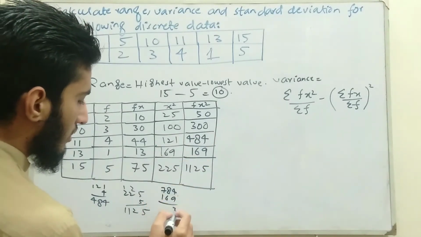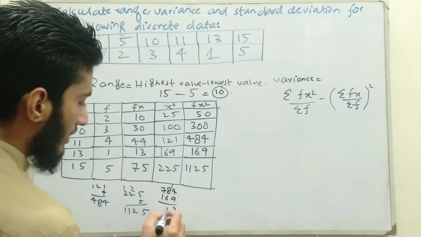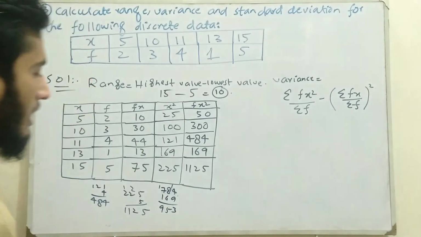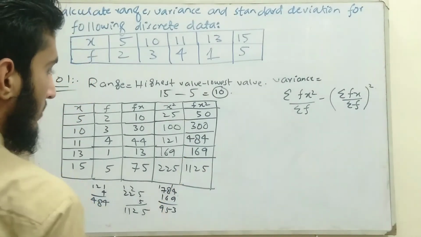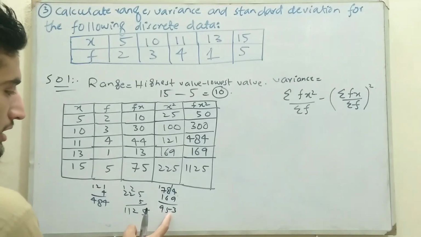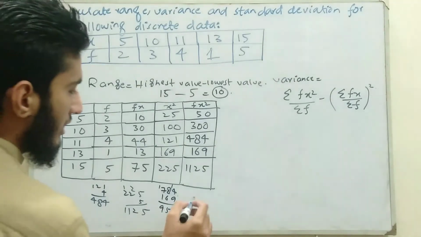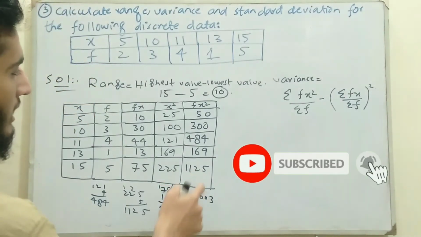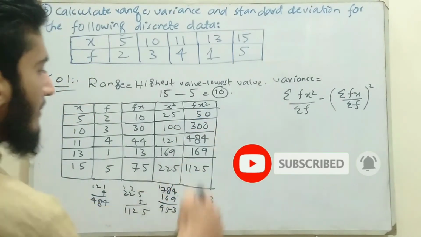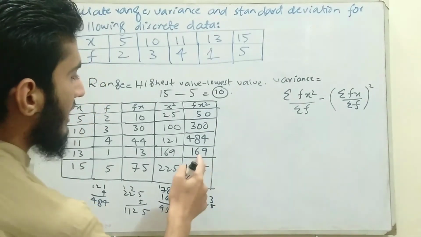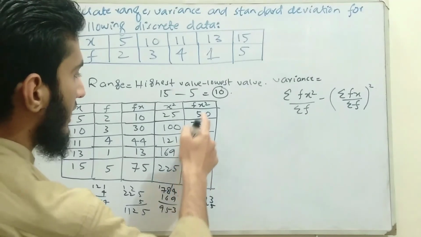It gives us 953. And 953 plus 50 will give us 1003. Now add 1125 with 1003 to get the required summation of f of x square, because we already added 169, 484 and 350.